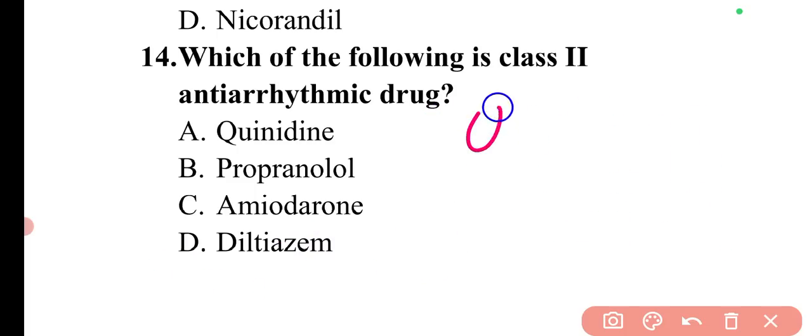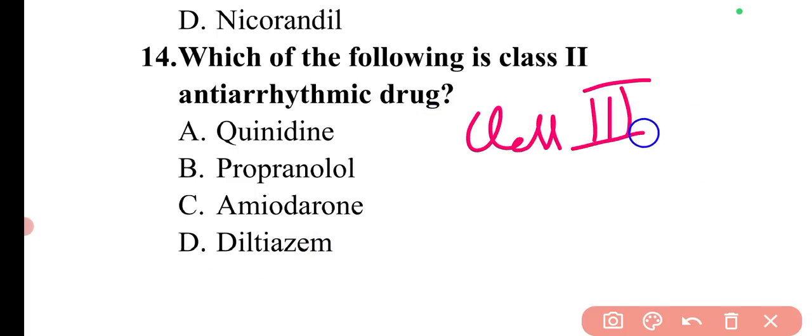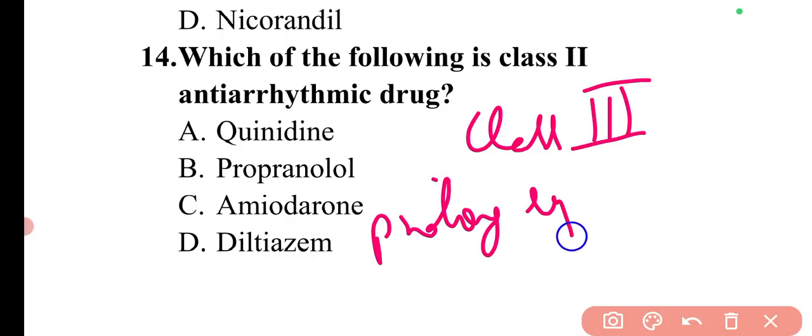Then there is class 3 as well. In class 3, these are the agents which prolong repolarization.